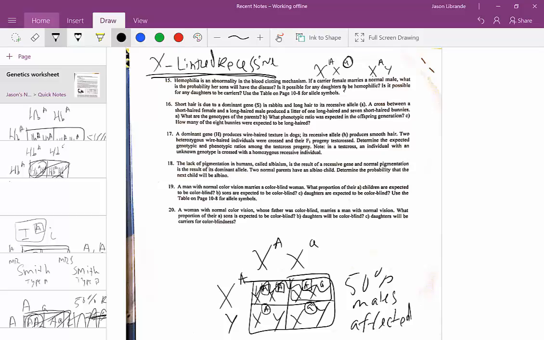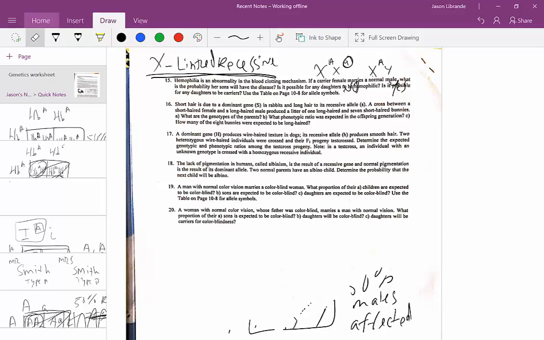So then none will be hemophiliacs. But yes, one will be a daughter who is a carrier. And the information about hemophilia being an X-linked recessive disease was on the first few pages of this packet.